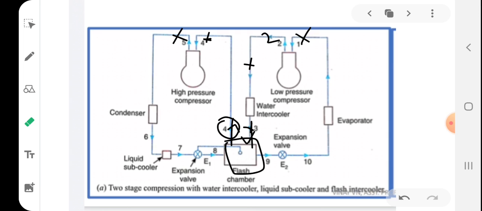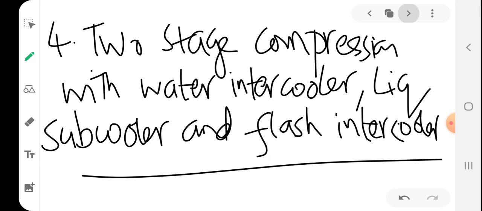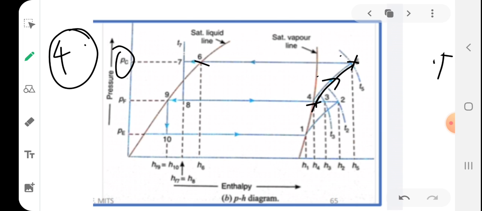And after the condensation process, it will enter the liquid subcooler. State 6 will be on the saturated liquid line, and for subcooling, if subcooling was not done, then only this much amount of refrigeration will be obtained. So in order to increase the refrigerating effect, we will subcool it to 7.